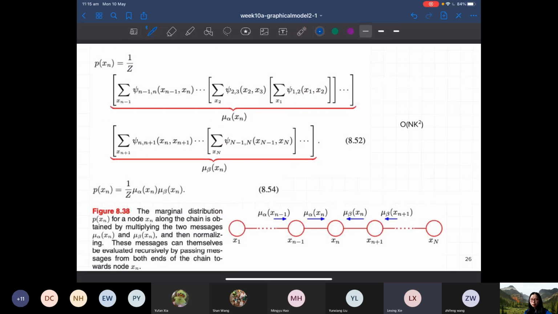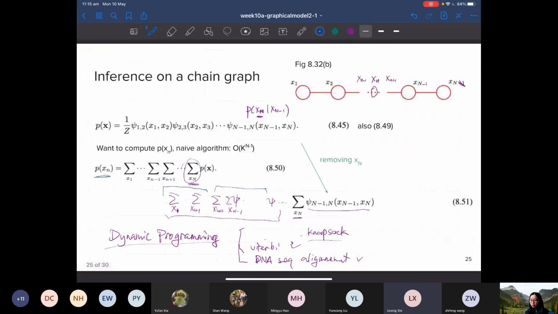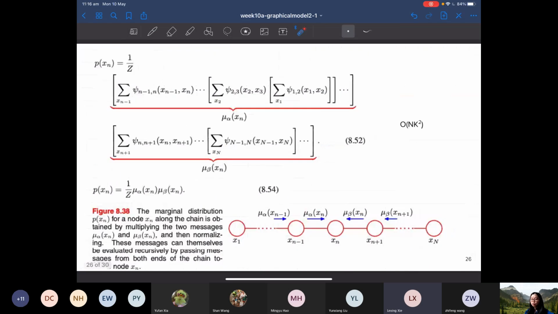For the second part, the later variables are only constrained to appear in the later potential functions. After we marginalize out x big N, we can do the same thing with xn minus 1 and so on. We move the summation sign to the last part where they appear, and then we perform the sums.